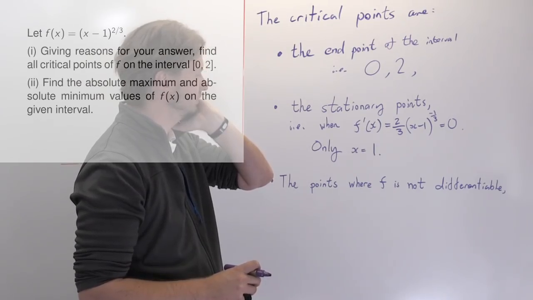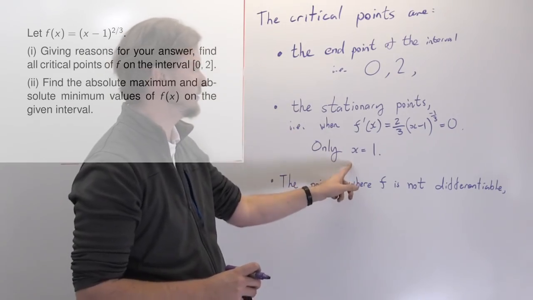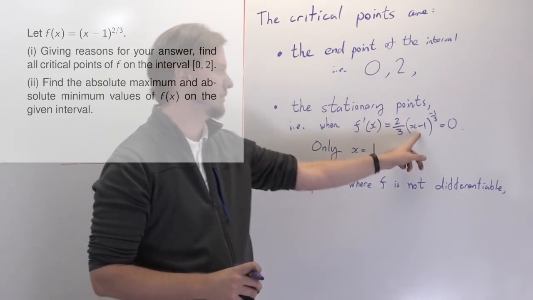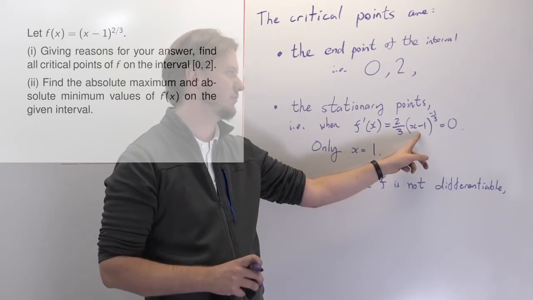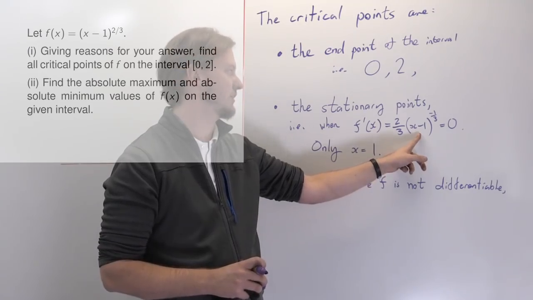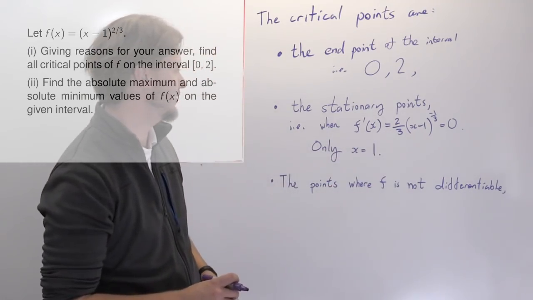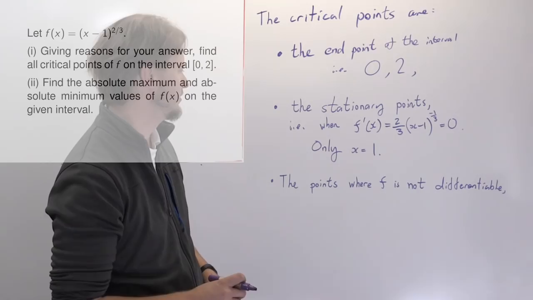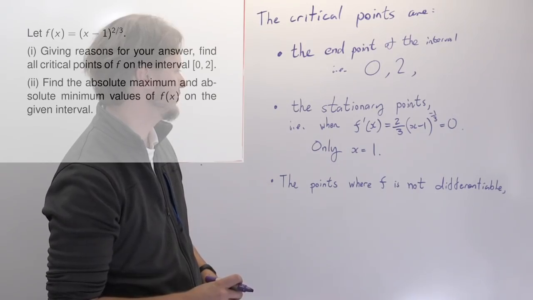Did I make a mistake? I think your stationary point. When I put x equals 1 there, that becomes 0 to the minus 1/3, which is not correct. So I guess there are no stationary points.